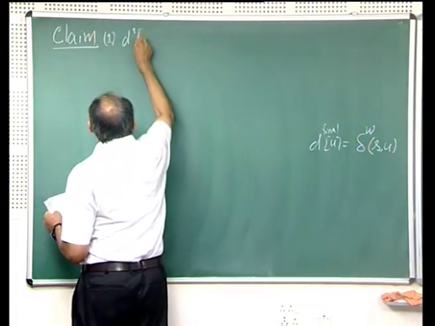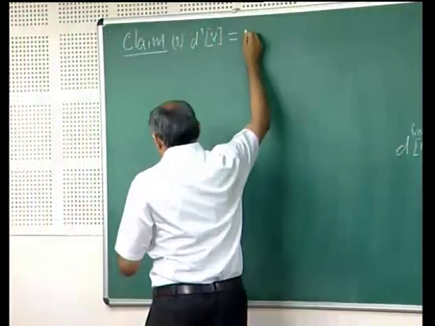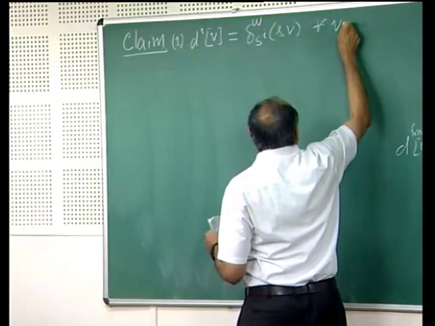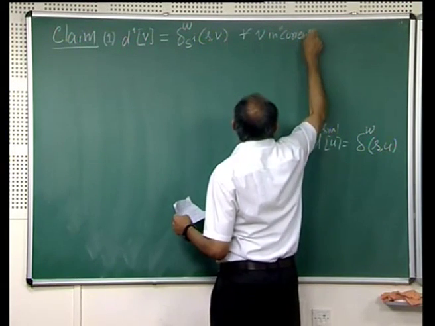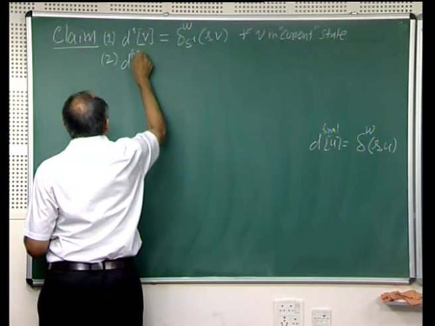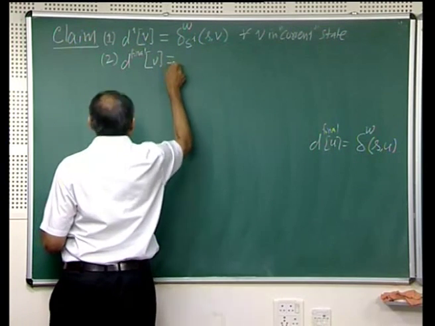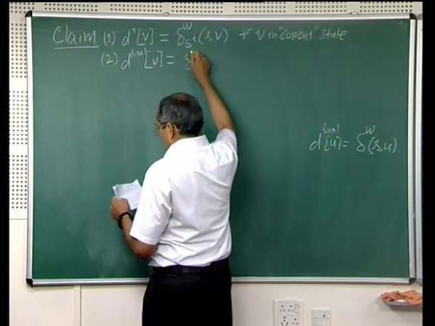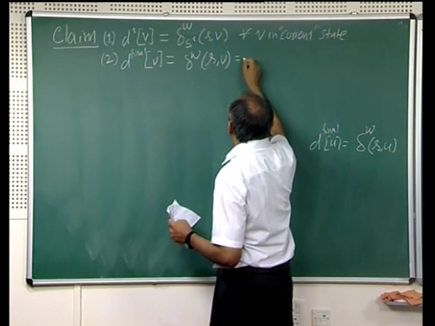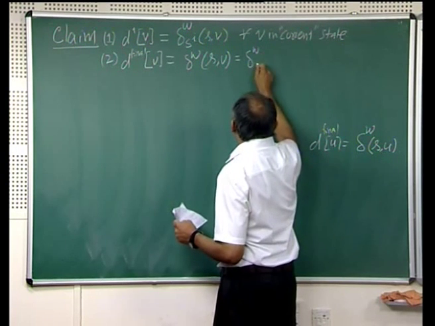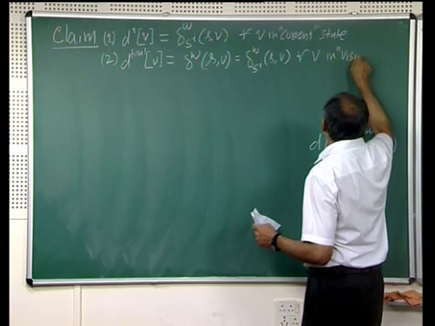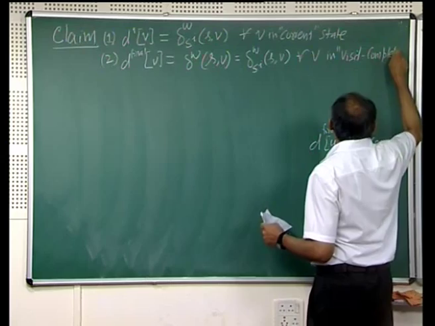One, that d_i of V is del W S_i of S to V for all V in current state, and two, the D final of V is del W of S V, which is also del W S_i of S V for all V in visit complete state.